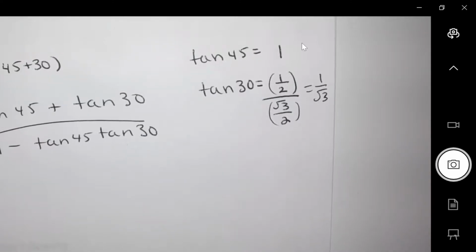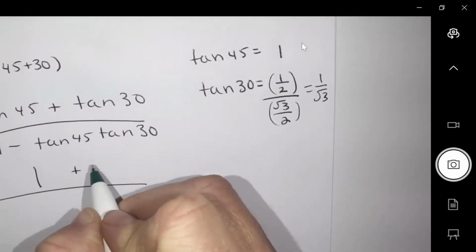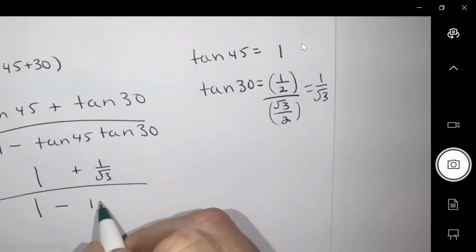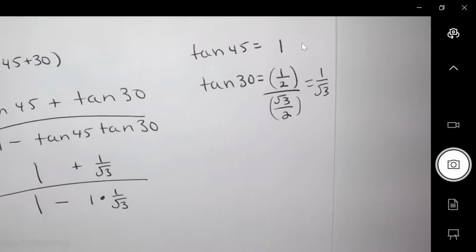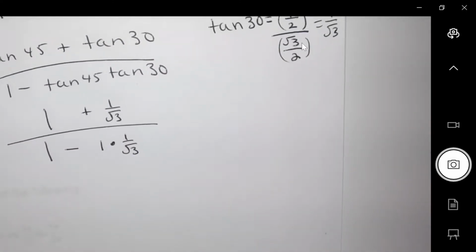So I'm going to simplify that on the side, and then I'm going to plug this in. Okay, so we did that on the side. Okay, now I've replaced all those trig values with the proper spots.